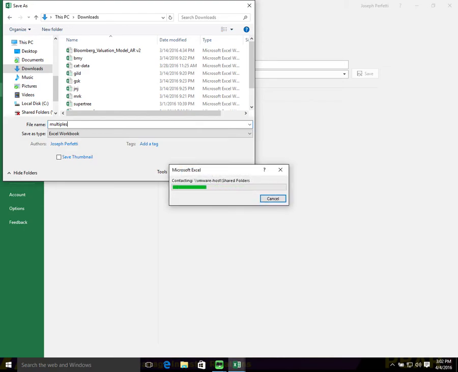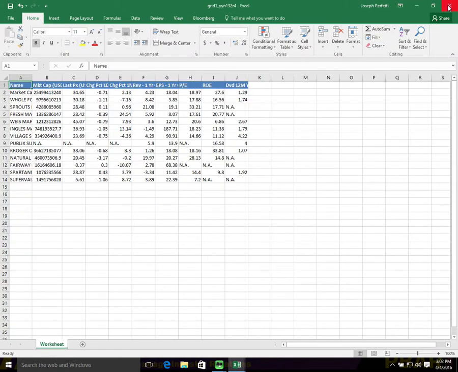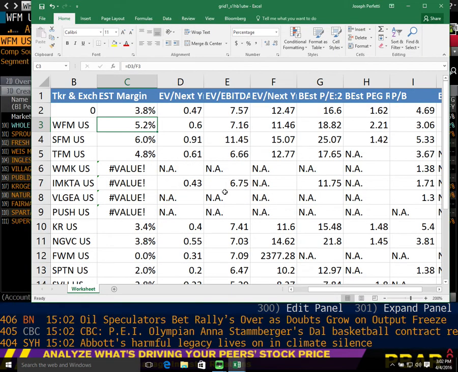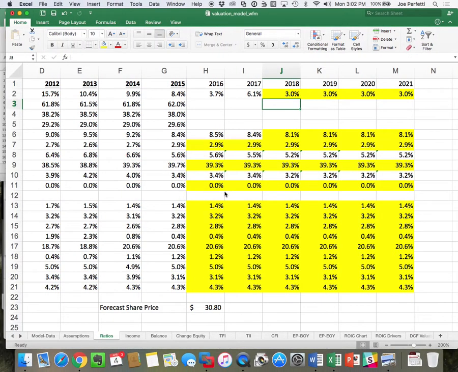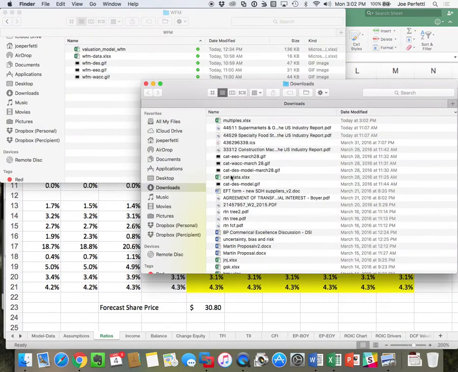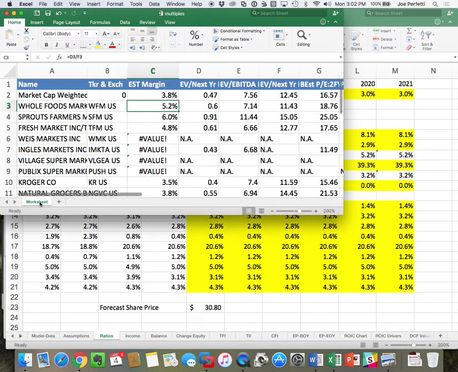And then once it's saved, I want to put it into, close out of all these. Take our model, open up the spreadsheet we just did, called multiples, and then basically rename this worksheet multiples, right click, move or copy.